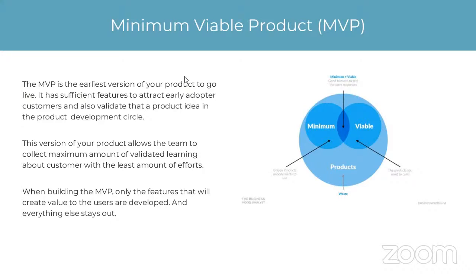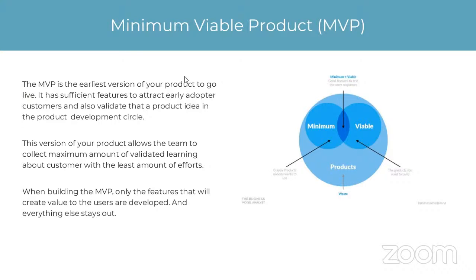So MVP is the earliest version of your product to go live. It has sufficient features to attract early adopters, customers, and also to validate the product idea in the product development life cycle. So basically, the MVP can make you get feedback from your customers.